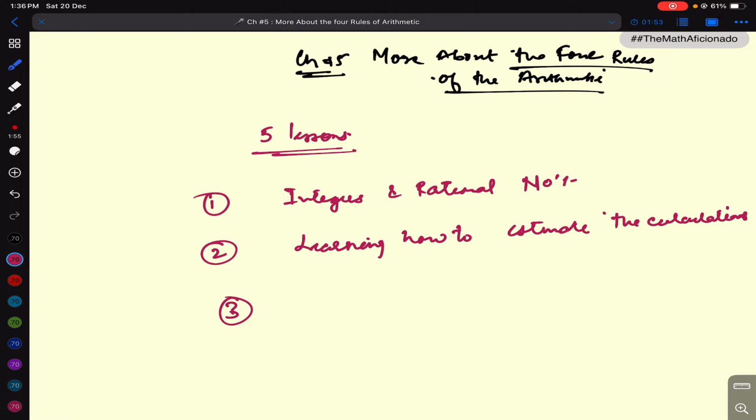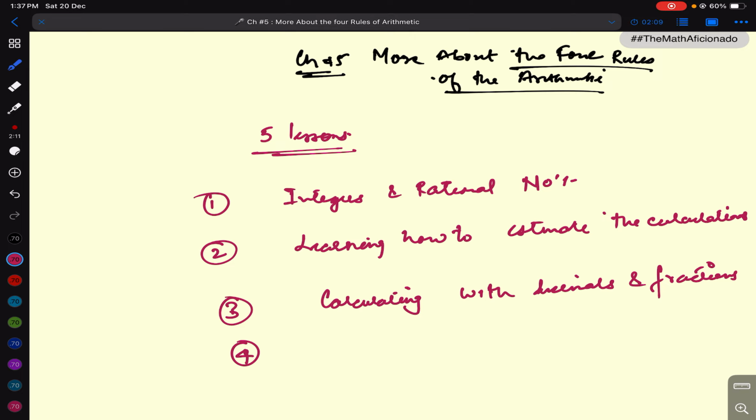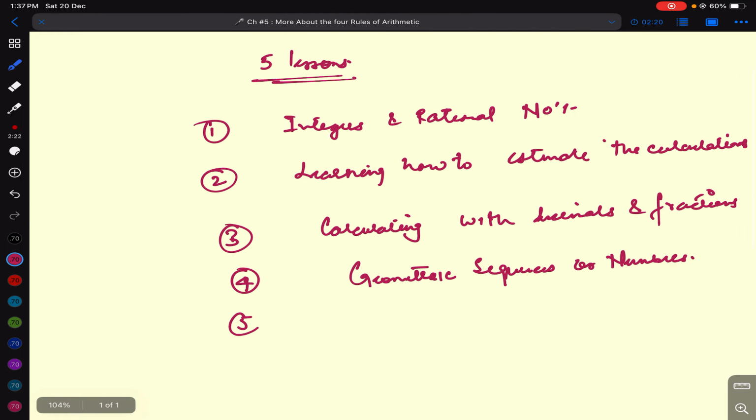The lesson number 3 here is calculating with decimals and fractions. The lesson number 4 is geometric sequences or numbers. And the last but not the least, the lesson number 5, which is scientific notation. Okay, so these are your 5 lessons under this chapter.